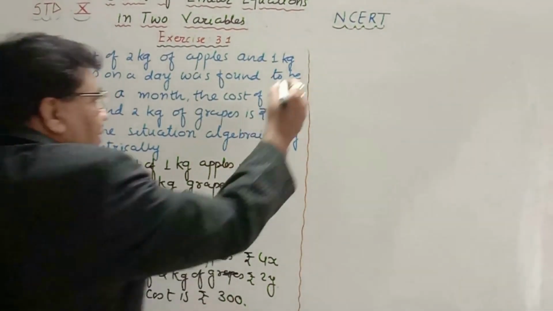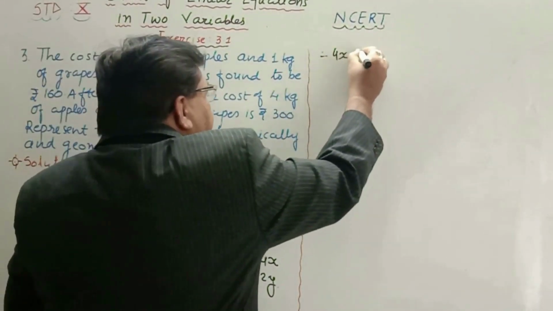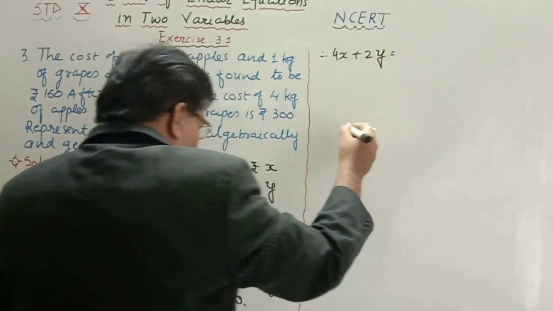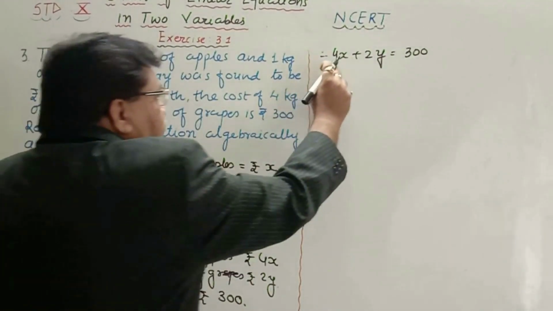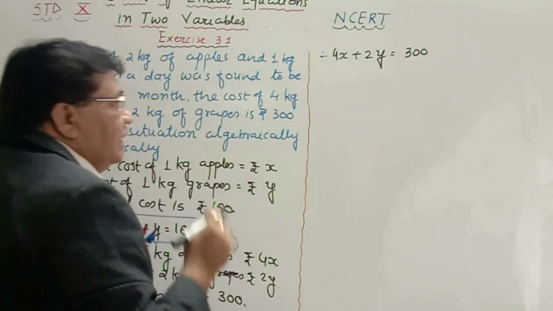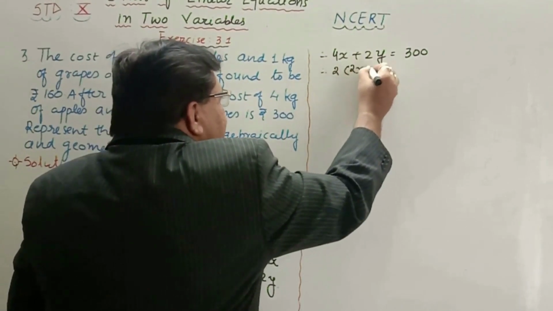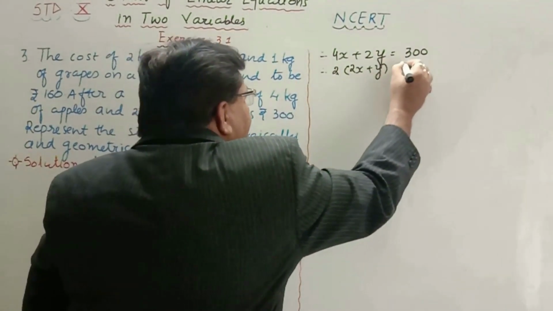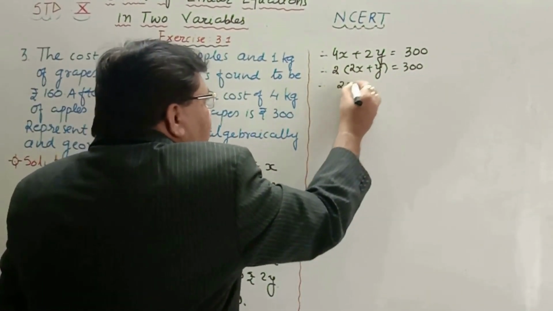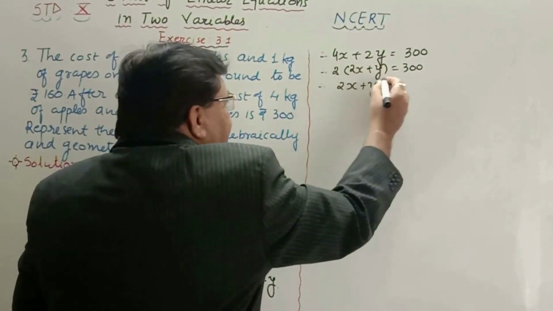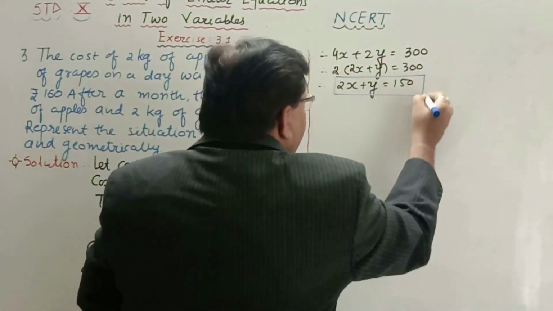So according to the given condition, our equation is 4x plus 2y equals 300. 4, 2 and 300 are all even numbers, so 2 is common. 2 times (2x plus y) is equal to 300. The 2 goes down, therefore 2x plus y equals 300 upon 2, which is 150. It is our second equation.